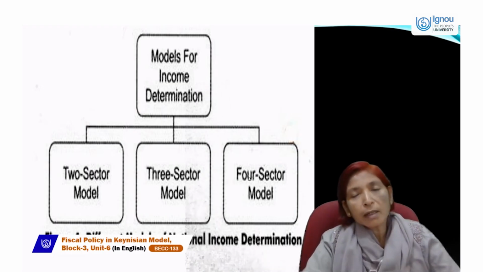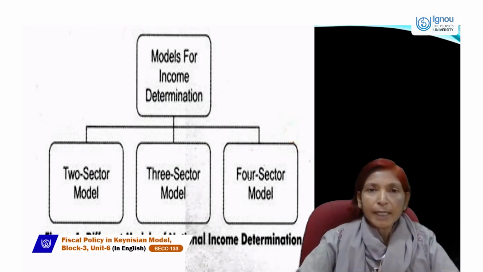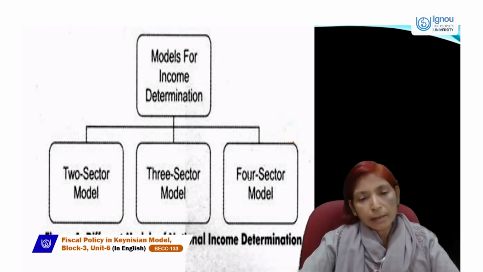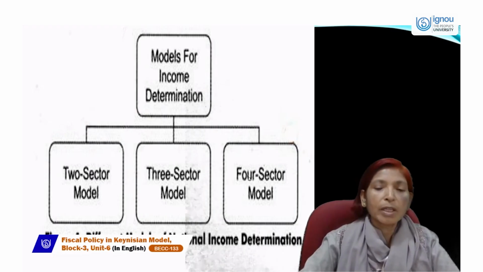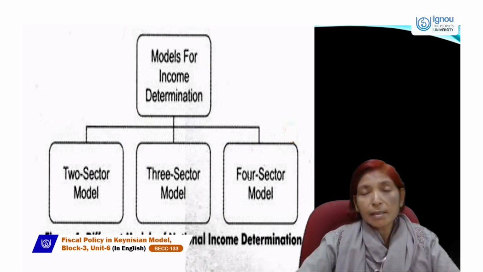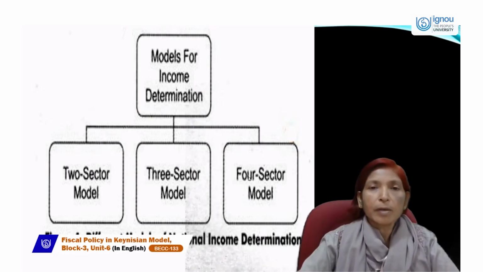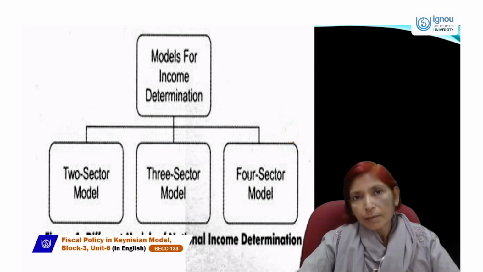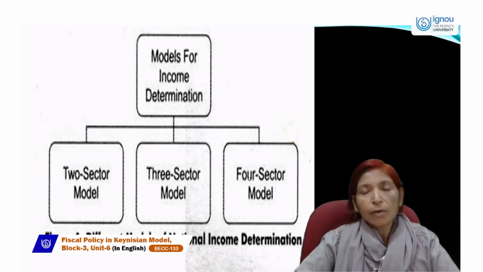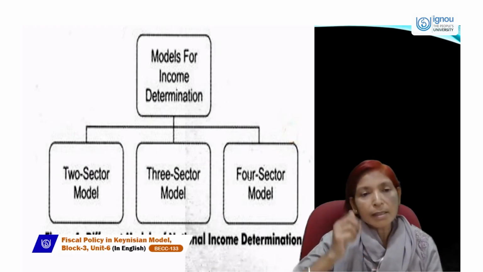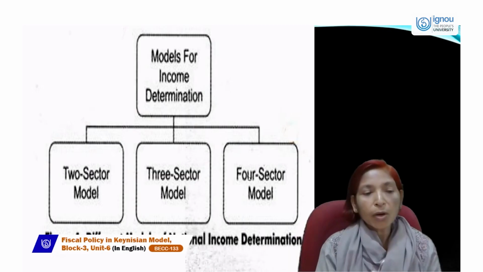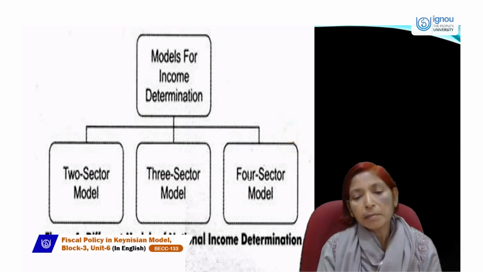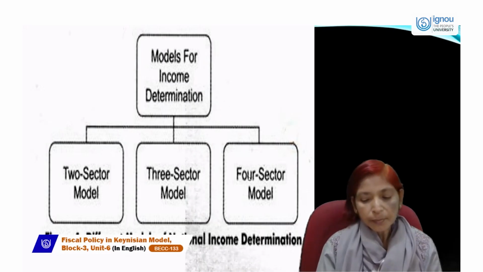And in a three sector economy, we take firm sector, household sector, and government sector. And in a four sector economy, we take four sectors: household sector, firm sector, government sector, and external sector, which is known as rest of the world. All these sectors are very important because all these sectors can determine the national income determination.